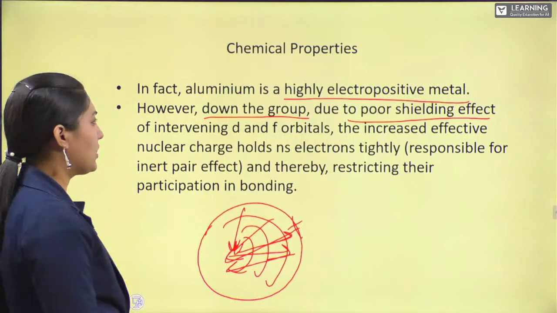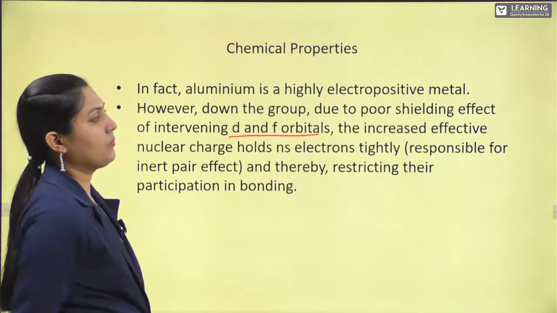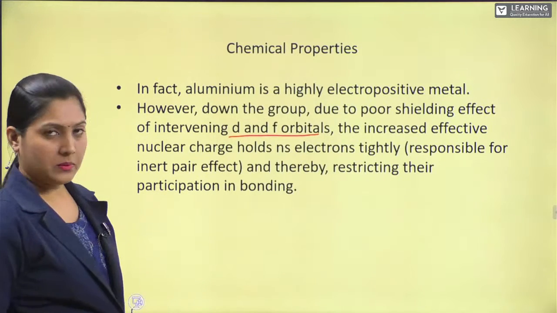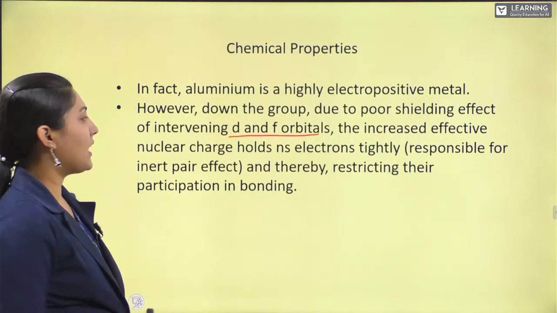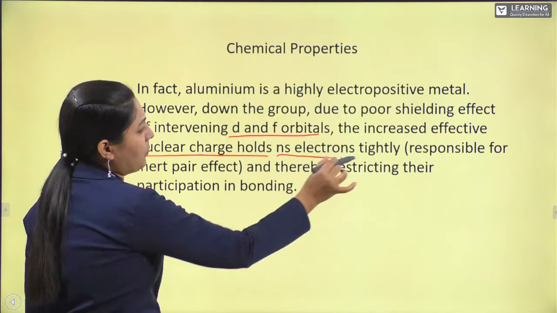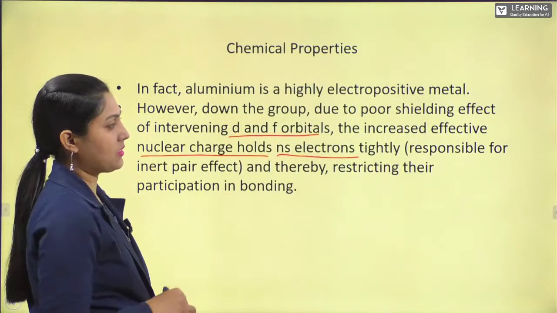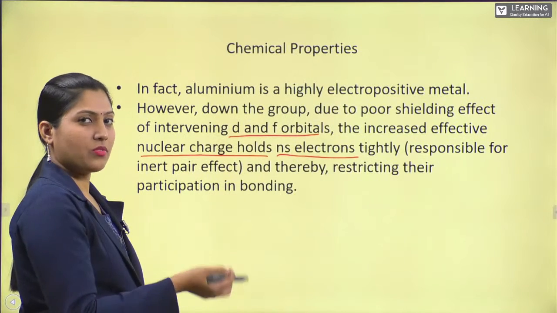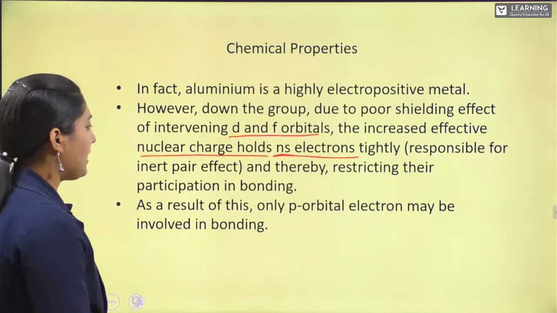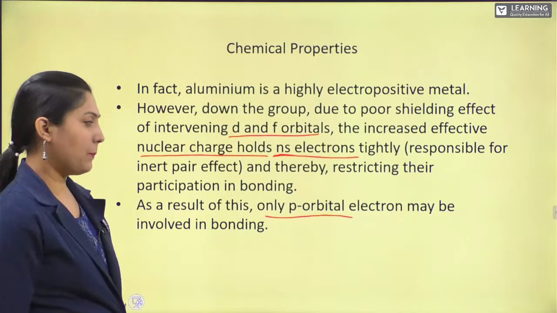The poor shielding is given by d and f orbitals, and it increases the effective nuclear charge, which can hold the s orbital electrons very tightly compared to the p orbitals, and so we can remove the electron from the p orbital more easily than from the s orbital. As a result, only p orbital electrons may be involved in bonding.